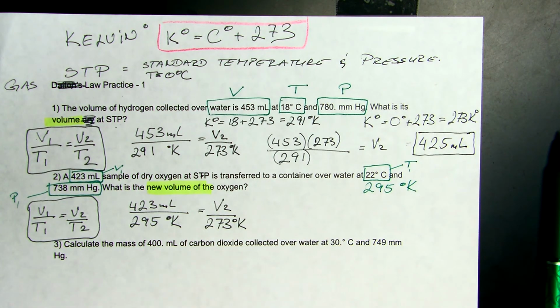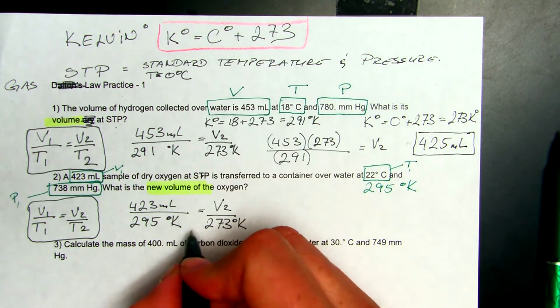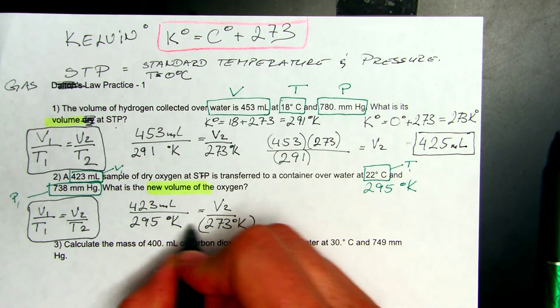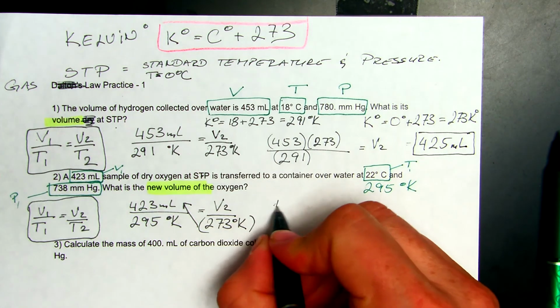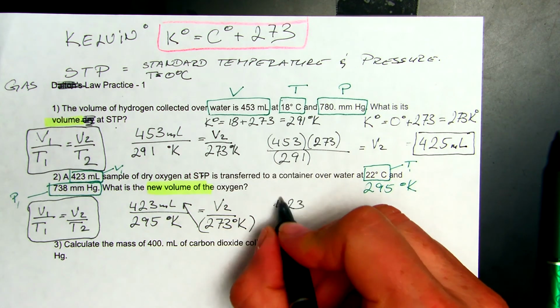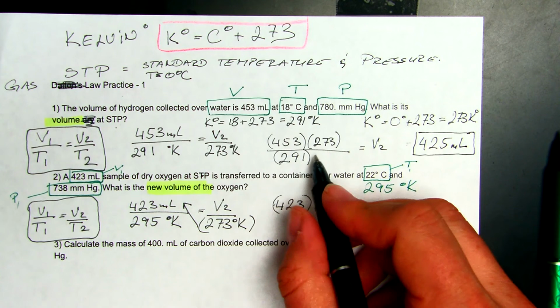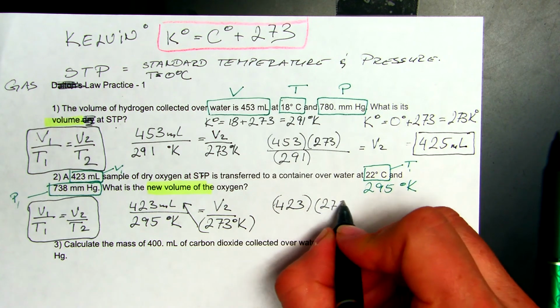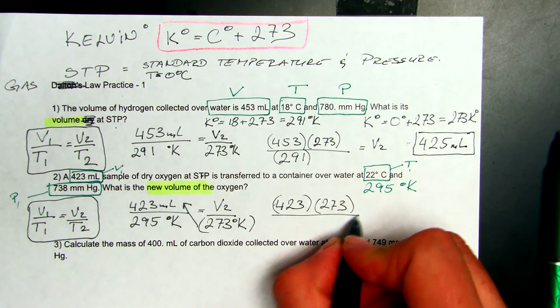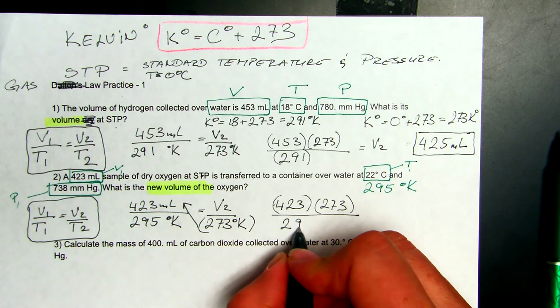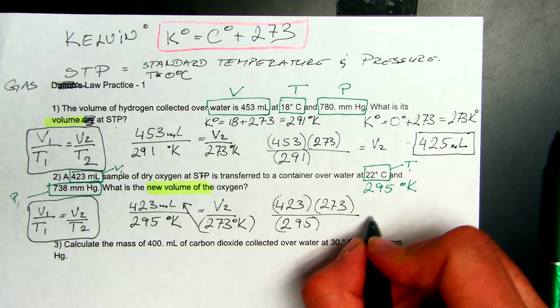Okay, so now I'm solving for V2. So remember, you take this and you move it up. So I have 423 times 273 divided by 295.